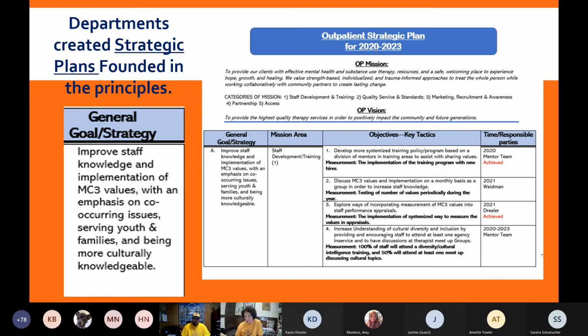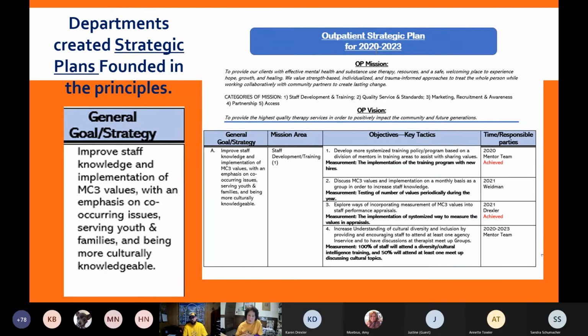So it goes from we try and institute MC3 principles from before a person is hired, and also in terms of a departmental level within the strategic plan.